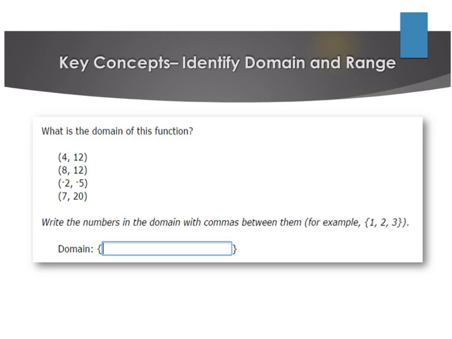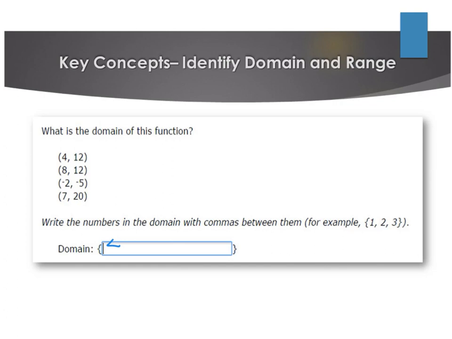The first question is, what is the domain of this function? I have four ordered pairs and I'm looking for the domain. The domain is all of the x values. So inside here, I only have to write the x values of the function.